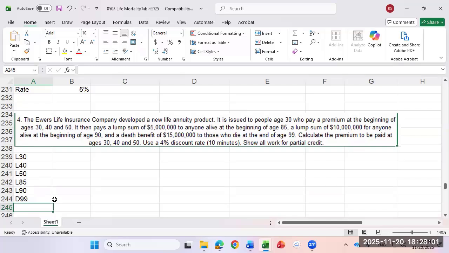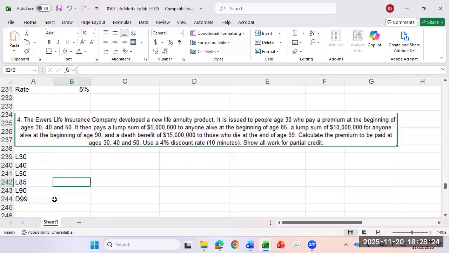But if you die anywhere between age 90 and 99, you're not getting anything. If you can make it to your 99th, then you're getting one last payment, and that's 15 million bucks. So we're talking about giving these people 30 million bucks, and they only have to pay 3 premiums, plus we're going to give them $5 million back at age 85.